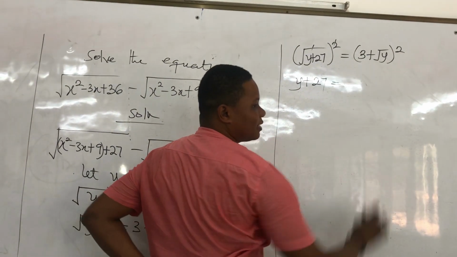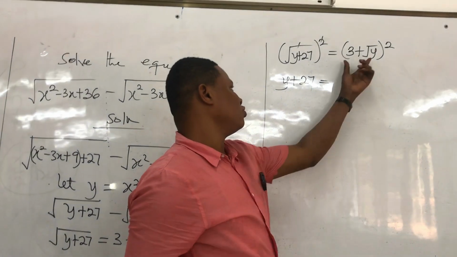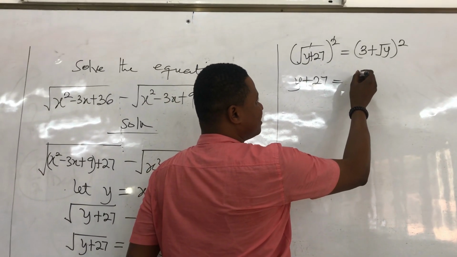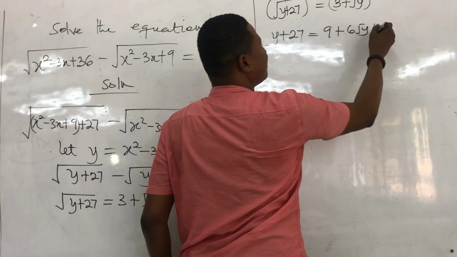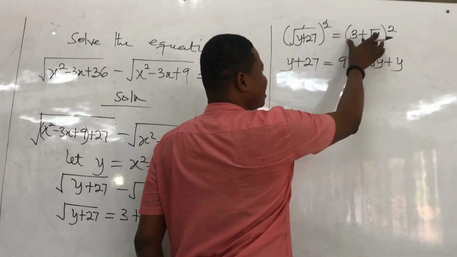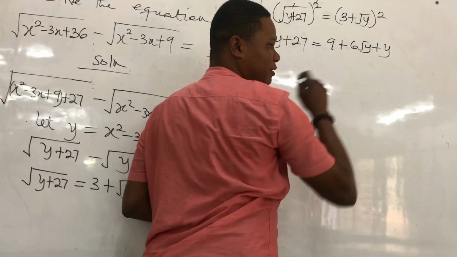And with this one, you can use the simple Pascal triangle to do this expansion. So that is going to be 9 plus 6 root y plus y. So the square of the first term, the product of the first and the second times 2, and then the square of the last one.